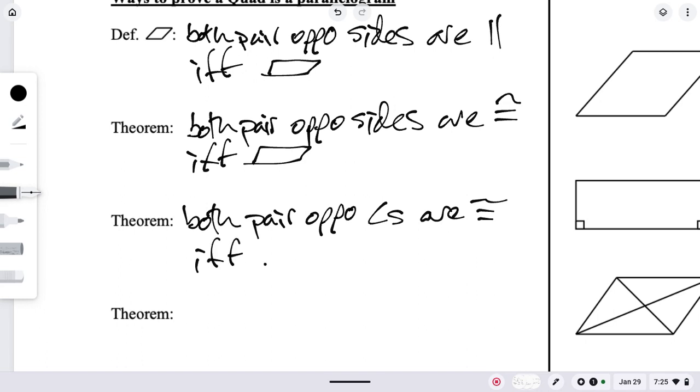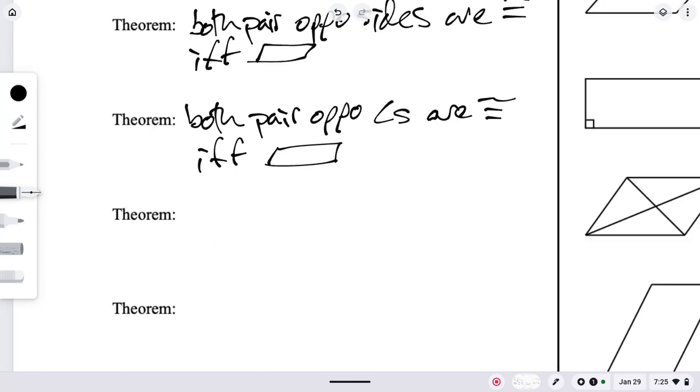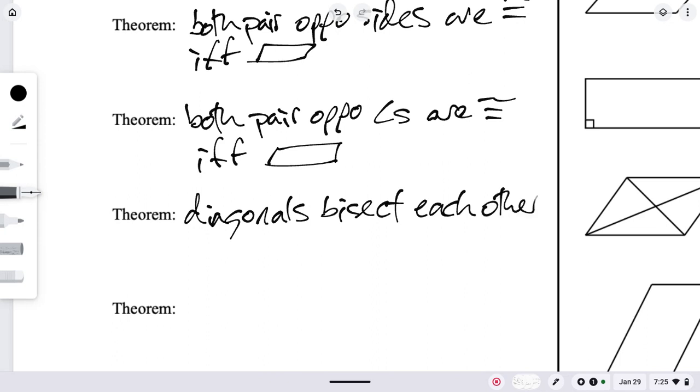It would definitely be a parallelogram, right? And then we talked about diagonals bisecting each other. So if diagonals bisect each other, if and only if it's a parallelogram.